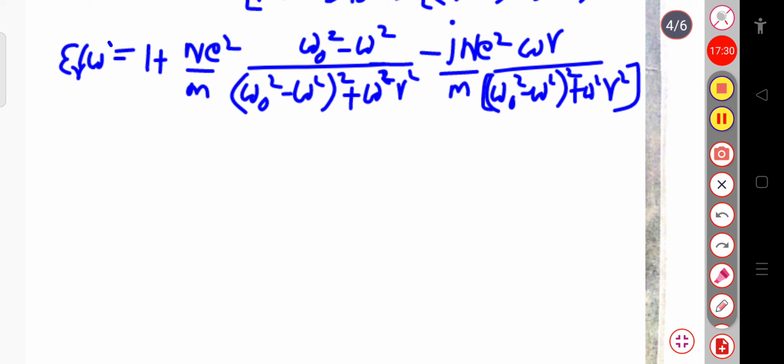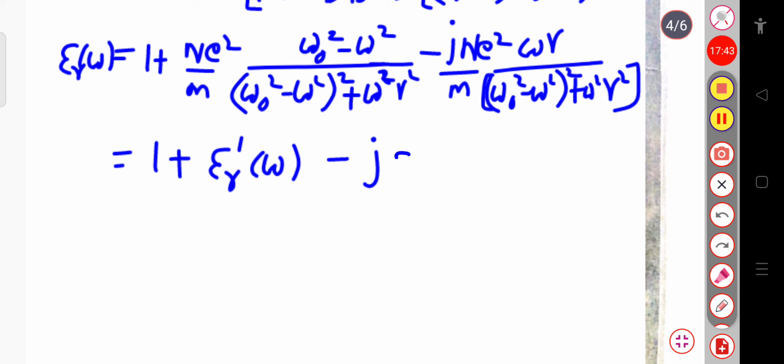Now let me write this as 1 plus epsilon r prime of omega, and the next term, minus j epsilon r double prime of omega. What do these two terms represent?